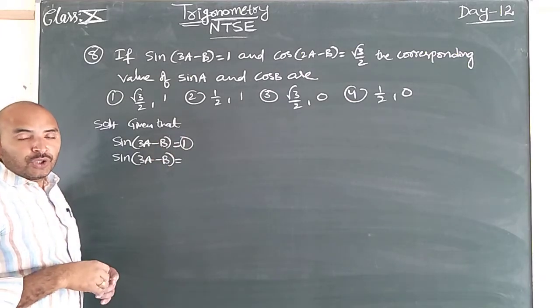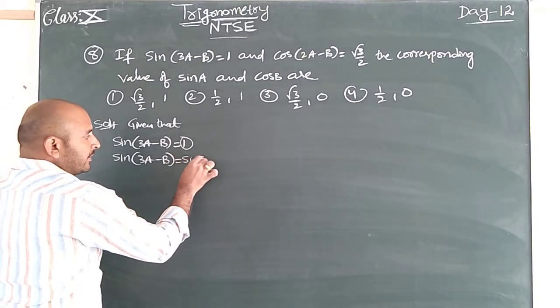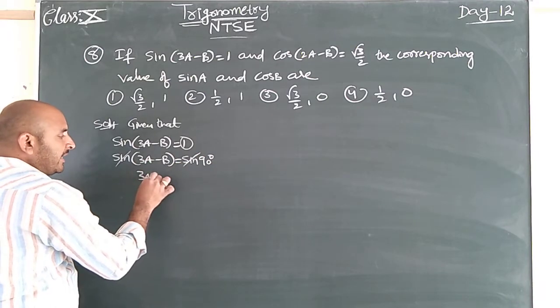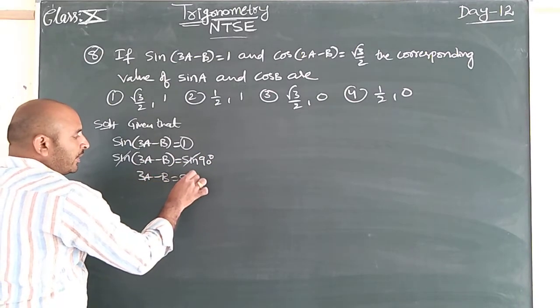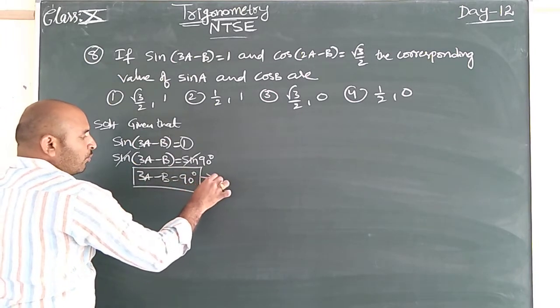Sin 0 is 0, sin 90 is 1. So instead of 1, I can write sin 90 degrees. Both sides sin cancel, so 3a minus b is equal to 90 degrees. Let us take this as equation number 1.